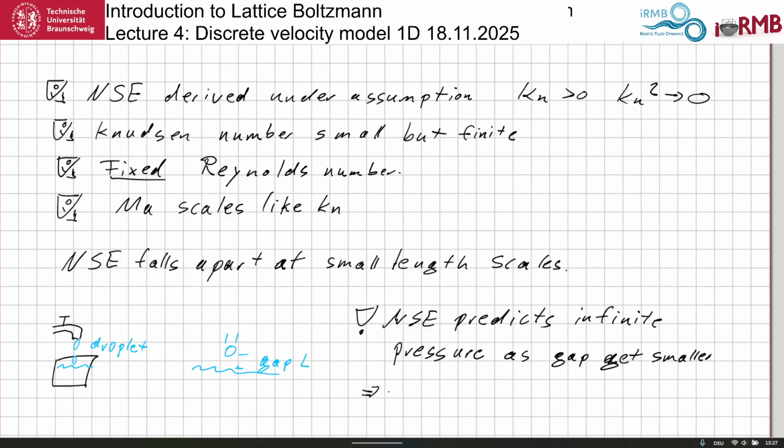So I don't know whether this is enough for convincing people that you should use the Boltzmann equation, especially if your Boltzmann equation is the lattice Boltzmann equation where we discretize only up to the order of the Navier-Stokes equation and as such have the same problem. So no merging between the droplets and the water in the buckets.